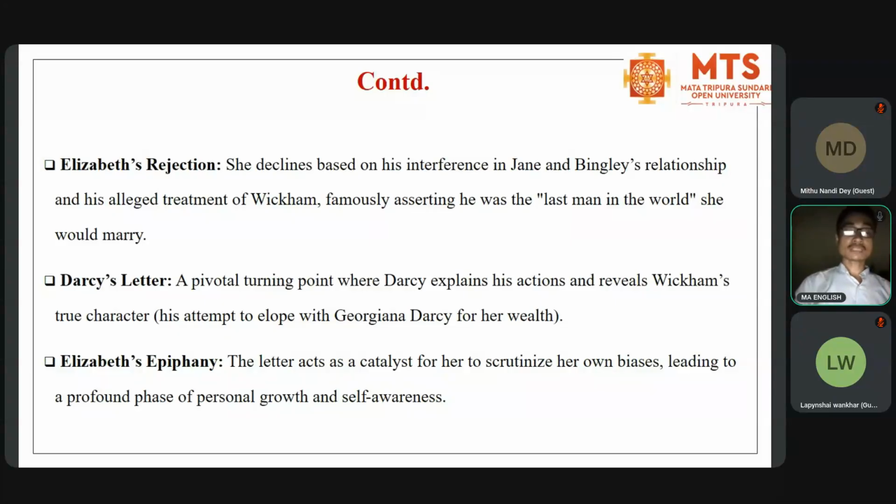In the letter, he explained that the story told by Mr. Wickham was a lie, and also told through the letter that Mr. Wickham is somebody who is very active in gambling, a liar, a gambler, and all these things. And after reading the letter, Elizabeth actually realizes that Mr. Darcy is a good man, and he can be trusted.